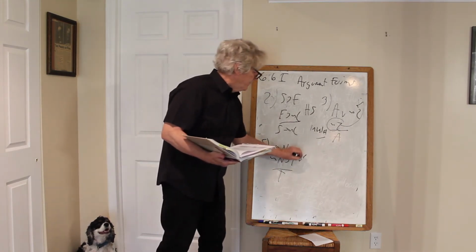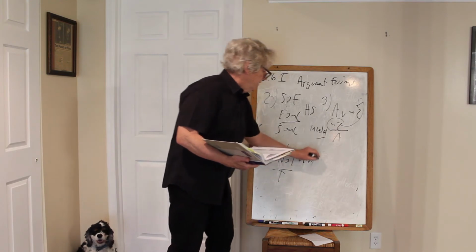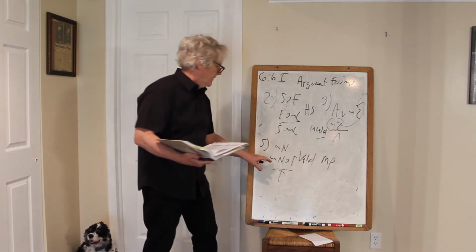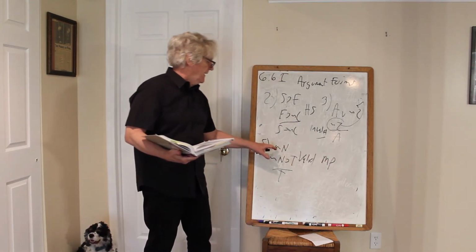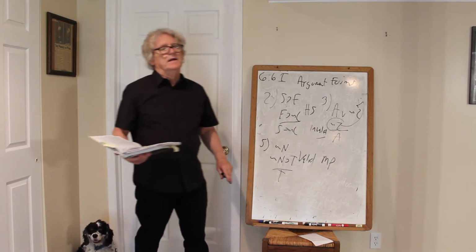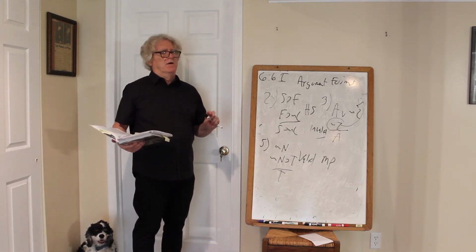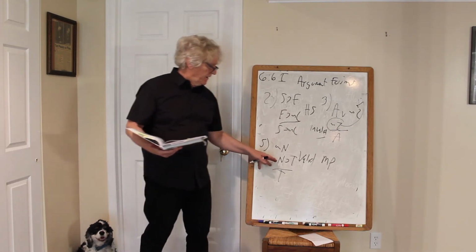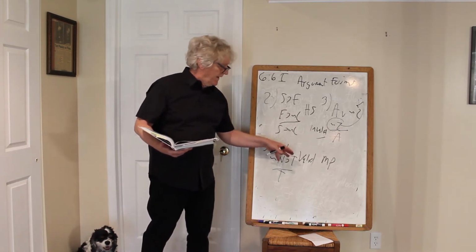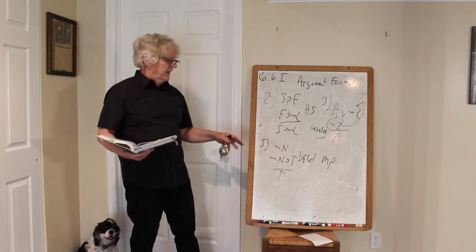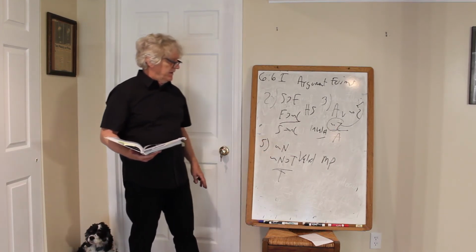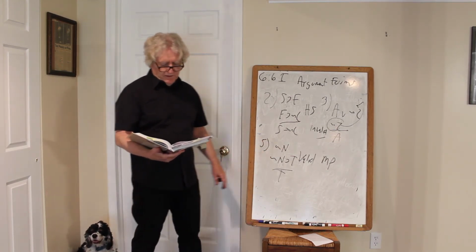That is valid, and it's modus ponens. If the antecedent, then the consequent, and the antecedent, therefore the consequent. In this case, the antecedent is a negative, that might throw you off, but forget that part. It says if this antecedent, what comes before the horseshoe, then what comes after the horseshoe is the case. And the antecedent is the case, so therefore the consequent is the case.